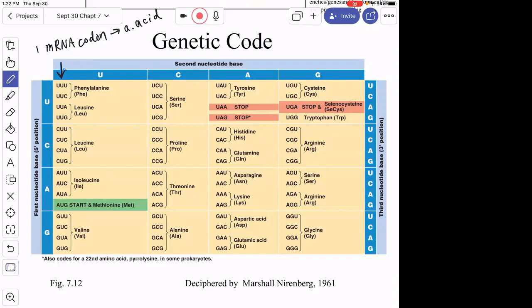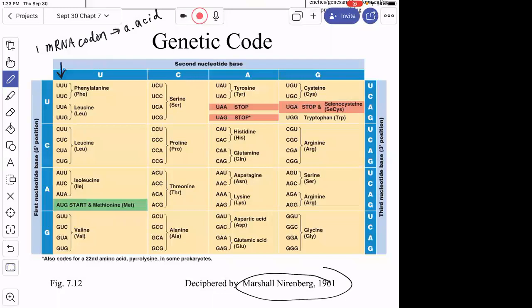It took us a while to understand this code. Marshall Nirenberg was working at NIH in Bethesda, Maryland in the late 50s, early 60s. This was painstaking work to figure out. It involved radioactive labeling and a lot of trial and error.